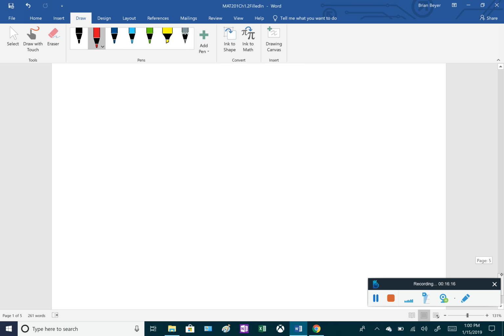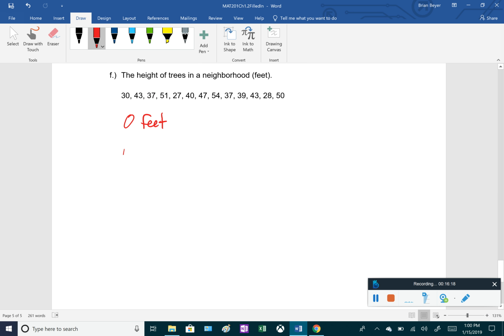So since that does represent an inherent zero, that means we are at the ratio level of measurement. Also, if we had a 20-foot tree and a 40-foot tree, the 40-foot tree is 2 times taller than the 20-foot tree, because 40 divided by 20 is 2, which is a ratio, so ratio level. The ratio is meaningful.